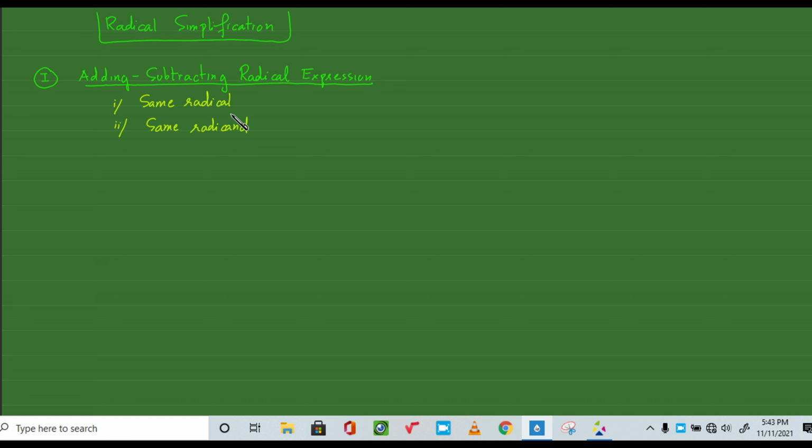Last time I already talked about radical and radicand. The radical is the index, the type of the radical, and the radicand is whatever is inside the radical. So the same radical means the same index.